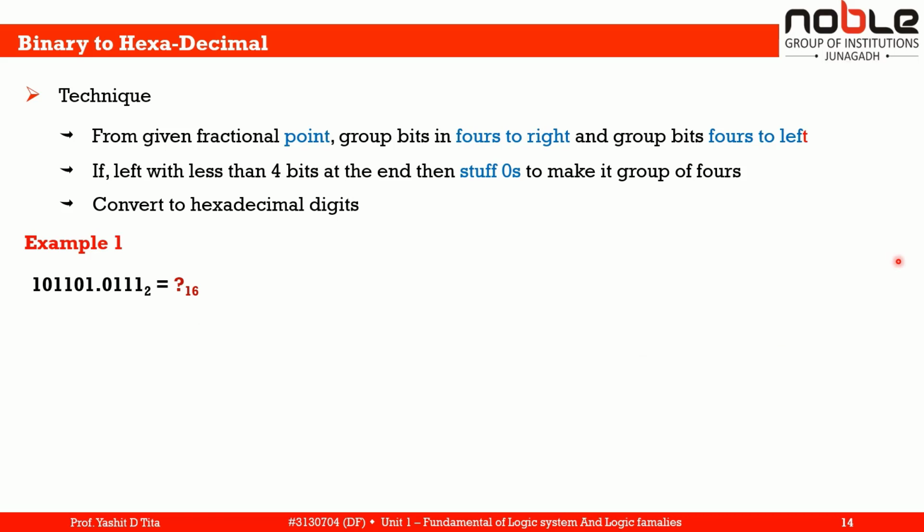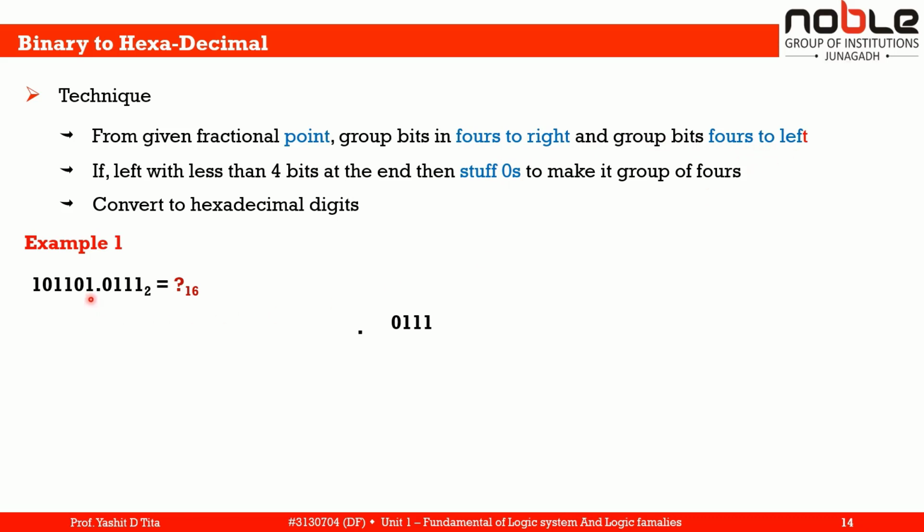First, put the point. Now, as per the technique, from the given fractional point, group bits in fours to the right. The four bits we have to choose are 0 1 1 1. Take this number here and group bits in fours to the left.